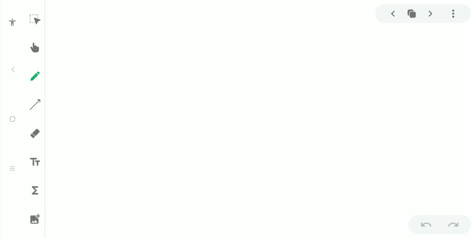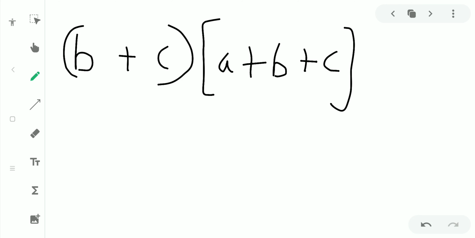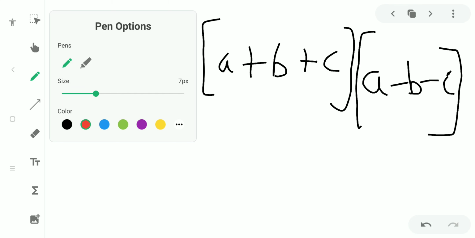So the final answer will be b plus c times a plus b plus c times a minus b minus c. So this will be the final answer.